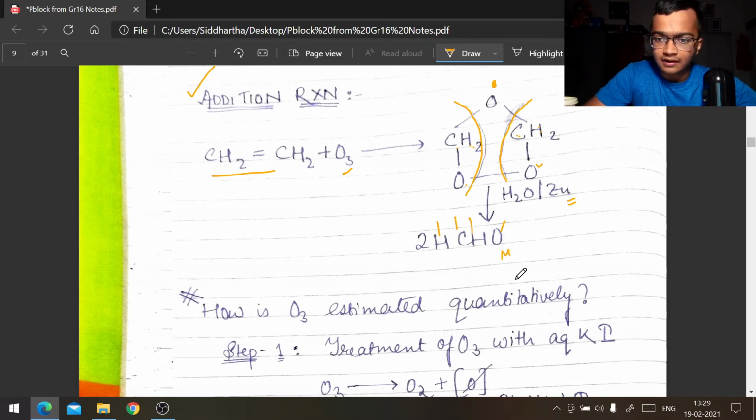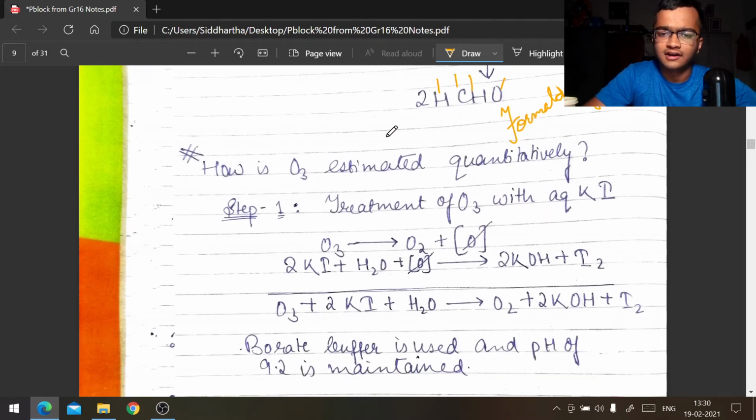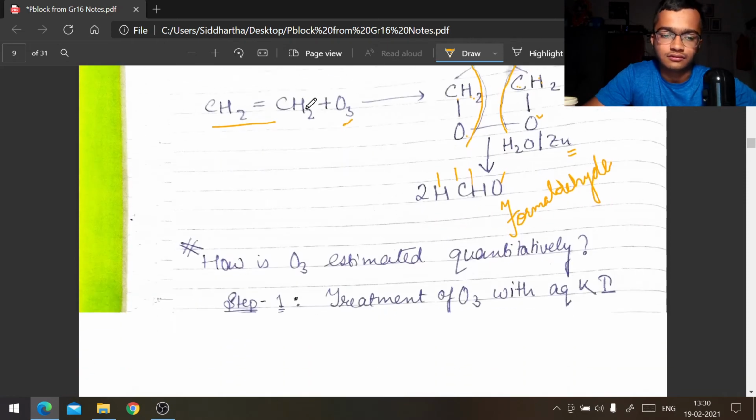This is your formaldehyde. Two molecules of formaldehyde are formed by the addition reaction of ethene with ozone.